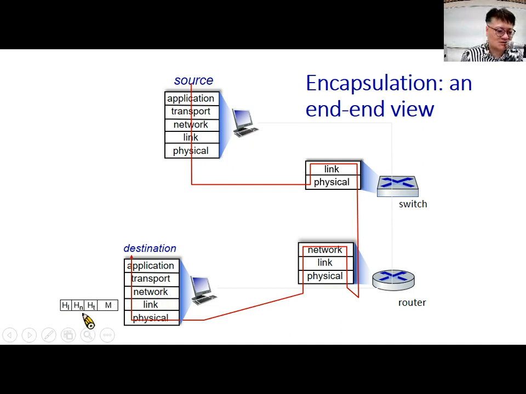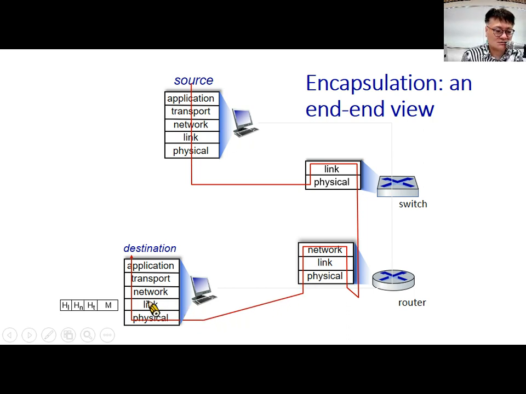So here you can see the total package: the link layer header, the IP header, the transport layer header and the message. But on this link layer, it transfers from this source to this destination, from this link layer to this link layer. Okay?